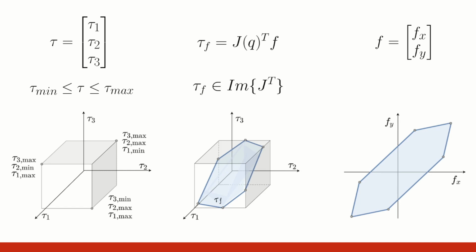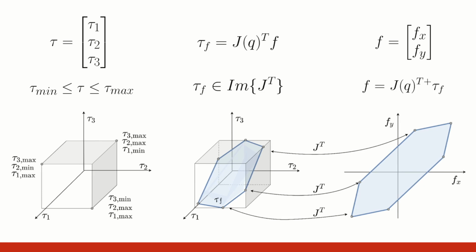The dual relationship between joint torques and the Cartesian forces is defined through the Jacobian transpose matrix. And we also know that only the joint torques belonging to the image of the Jacobian transpose matrix can generate the Cartesian force, here shown in blue, inside of the hypercube. Finally, the vertices of the intersection of the hypercube and the image of the Jacobian transpose matrix can be directly mapped to the vertices of the force polytope.